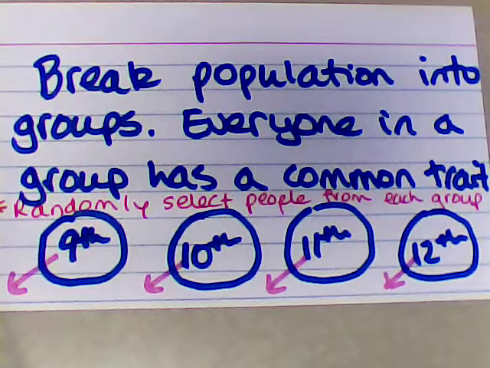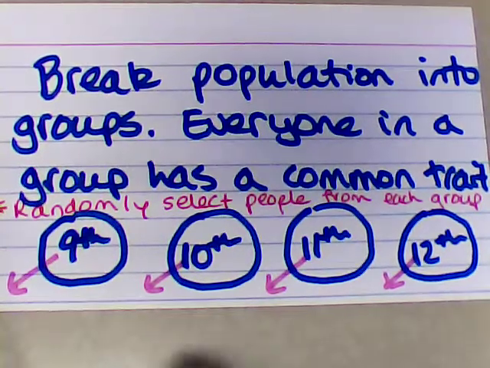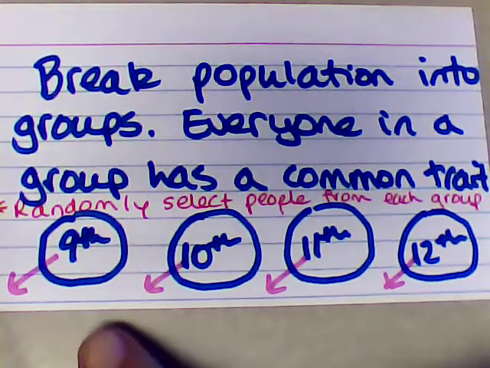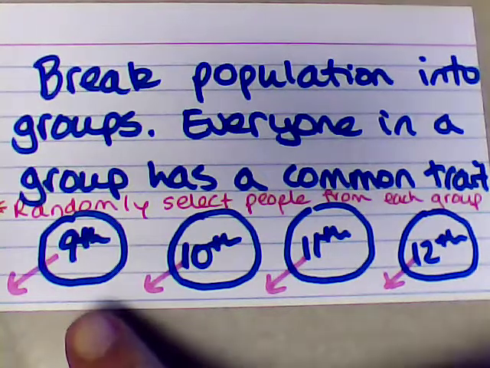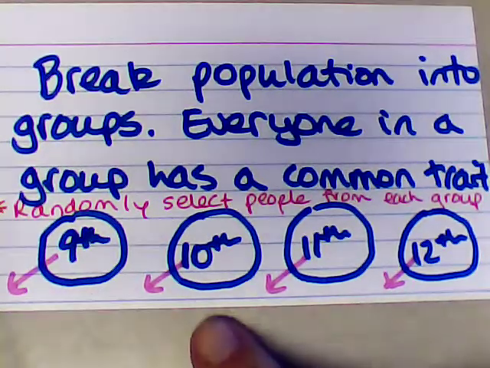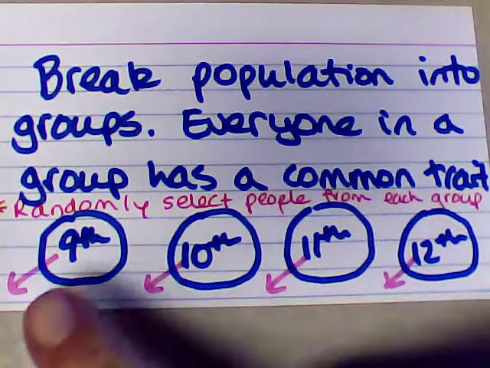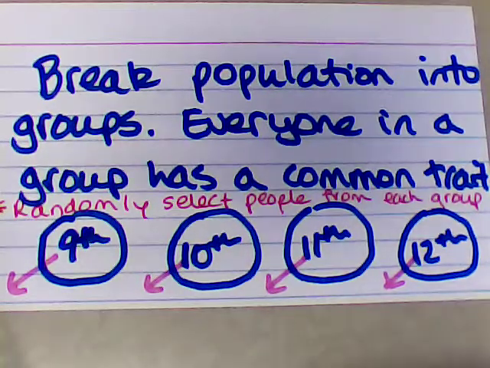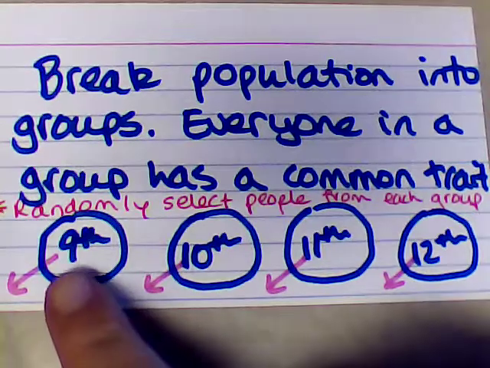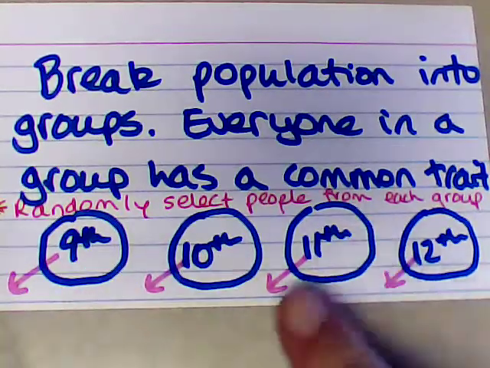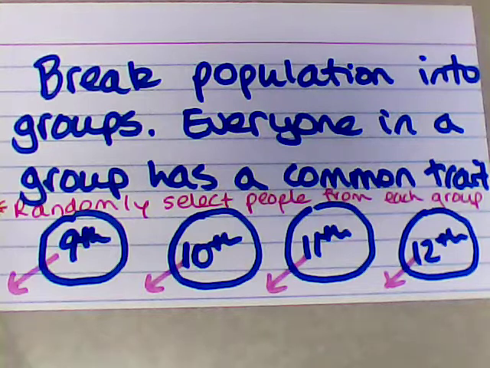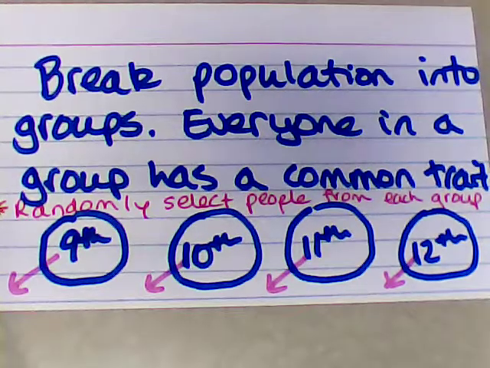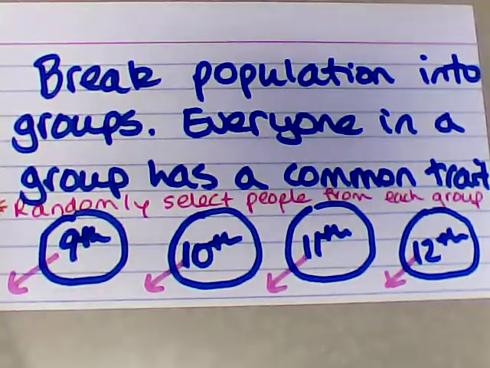Everyone in a group has some common trait. In the example that you see here, if I'm breaking down my high school population by grade level, I've got 9th graders, 10th graders, 11th and 12th. That would be 4 different strata, 4 different groups. To make sure everybody is represented, I then randomly select some people from each group. Then I can make sure that my sample does indeed contain some of each grade level.